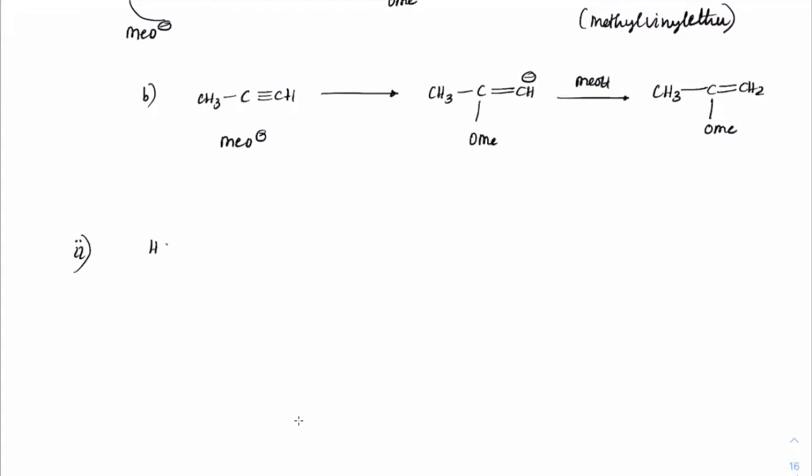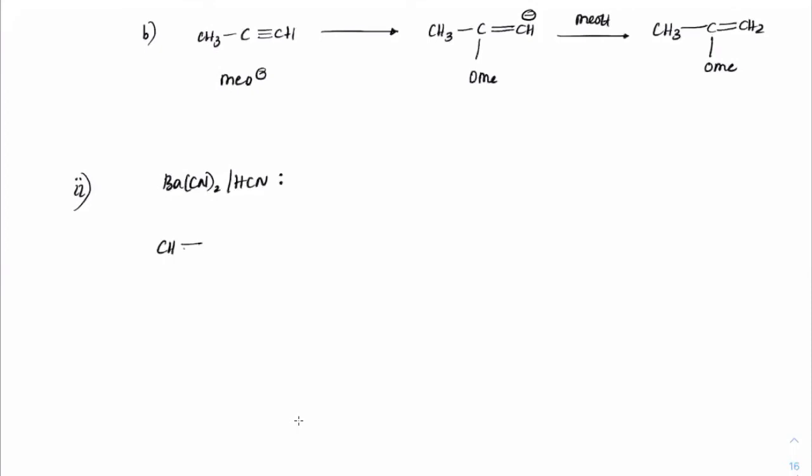For instance, if I take HCN in the presence of Ba(CN)2, right? Now what will be the reaction happening? CH triple bond CH is there. CN minus as a nucleophile can attack here. We will get this as CH, CN, double bond CH minus.